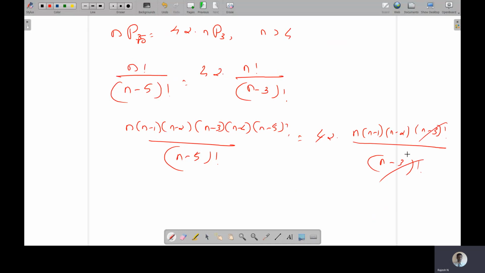(n minus 3) factorial cancels. Here (n minus 5) factorial cancels. So n minus 1, n minus 2 cancel, here also n minus 1, n minus 2 cancel. So the answer is: (n minus 3) into (n minus 4) is equal to 42.